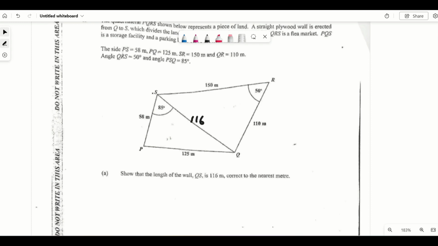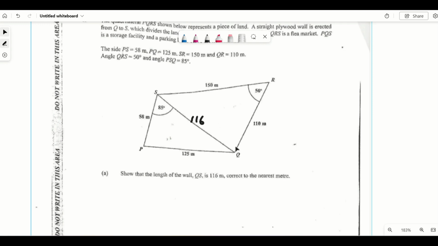Now, if we look at this, first off, we have to make sure it's not right angle triangles. These are not right angle triangles. So the rule to find either a side or angle is you're going to use either the cosine rule or the sine rule.